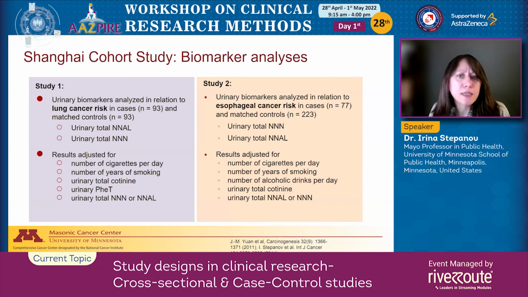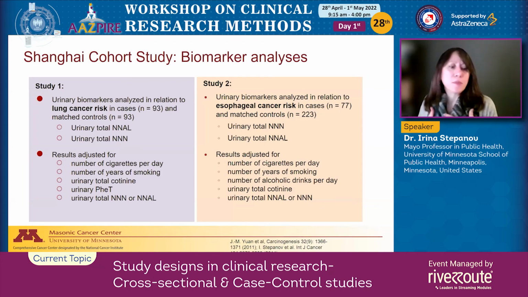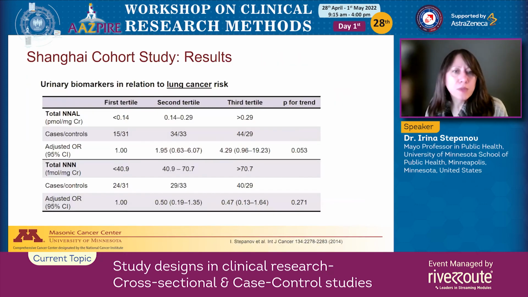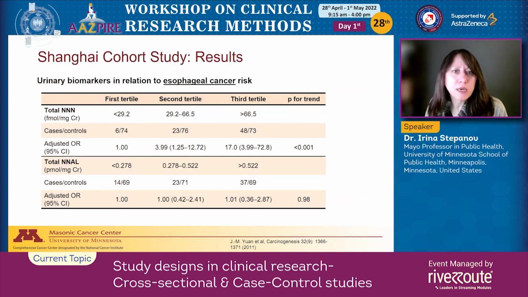In the second study, we had only 77 esophageal cancer cases, and this is a fairly small number, so it was important to us to match 3-to-1. So we had 3 controls per each case. And we conducted this in a blind manner. So it was very important that when we were analyzing samples, we didn't know who was case and who was control.